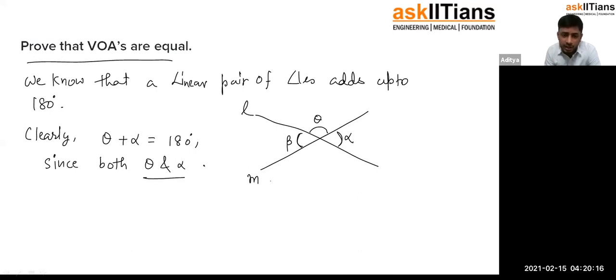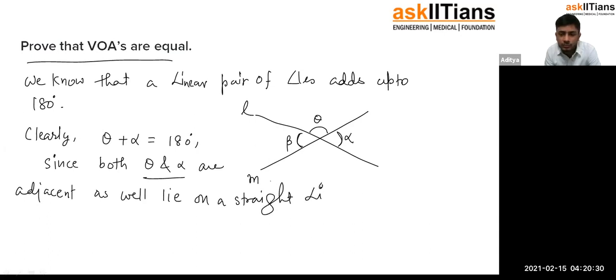They are adjacent as well as lie on a straight line L. So obviously their sum of angles would be 180 degrees only, since they are forming a linear pair of angles. So alpha plus theta is 180 degrees.